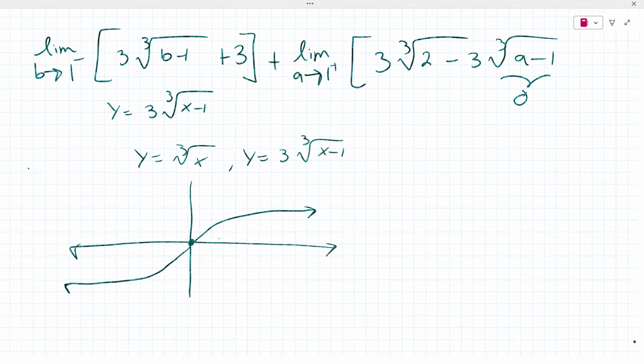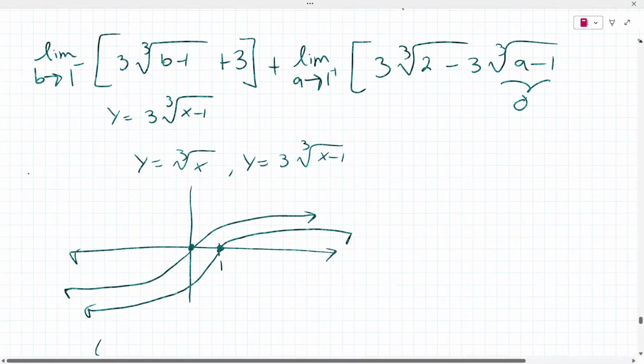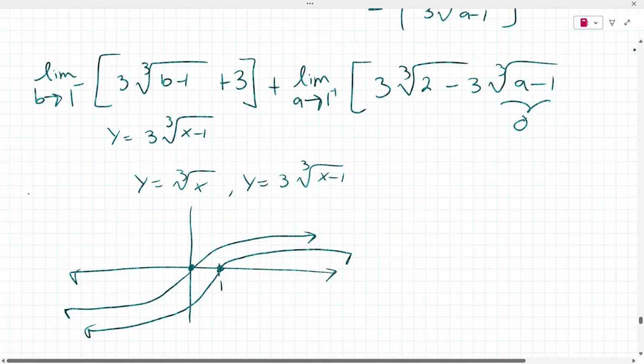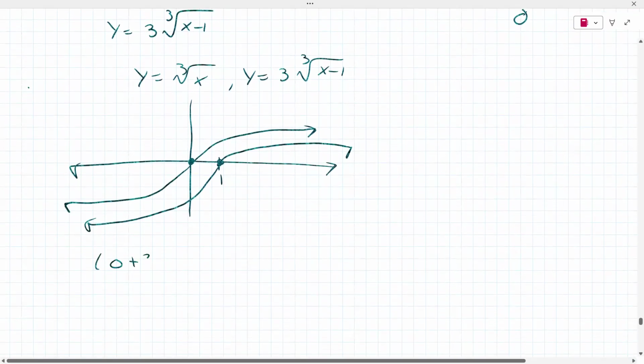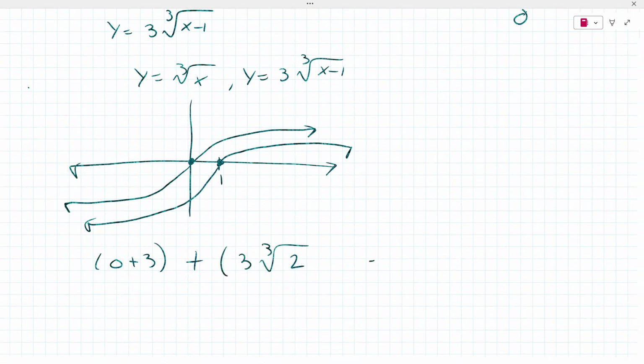That has a horizontal shift of 1, and it's going to look like this. So it's going to be 0. Our final answer, when you plug in your limits, is going to be 0 plus 3 plus 3 cube root of 2 minus 0. So that's 0 plus 3 is 3, plus 3 cube root of 2.